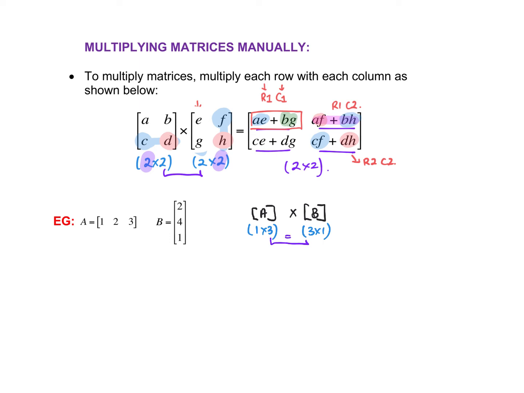And what I like to do is write out what your answer will be. Now I know it's going to be a 1 by 1. I always draw it out, even though I've drawn it a little bit bigger, I know in the end I should just have one answer in there. Does that make sense? Because it's a 1 by 1, you would only have one number in there.